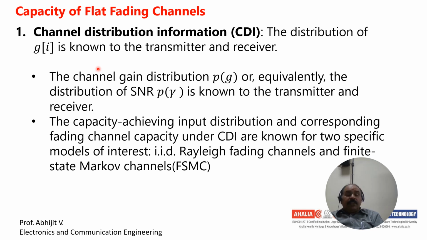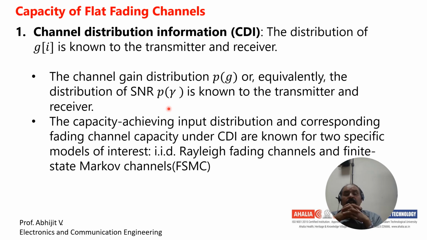So let us consider the first case where the distribution of G of I, the channel side information, is known to the transmitter and the receiver. In this case, the channel gain distribution Pg, or equivalently the distribution of signal to noise ratio P of gamma, is known to the transmitter and the receiver.